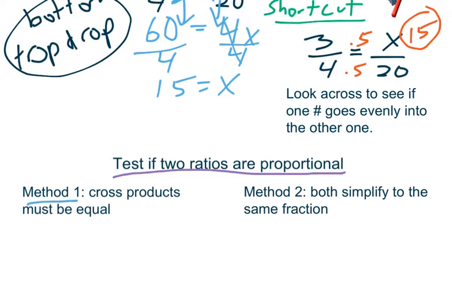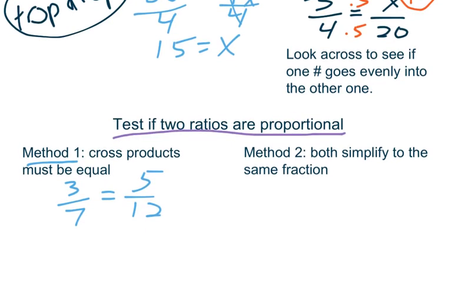So if we had 3/7 equals 5/12, and we were asked to see if these were proportional to each other, we could just cross multiply. So 7 times 5 gives us 35. 12 times 3 gives us 36.